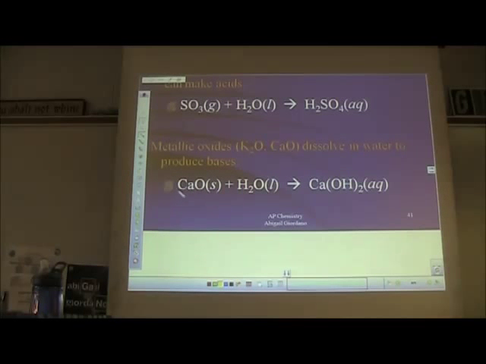How about that? It's not balanced. But the formula for the hydroxide is Li plus and OH minus.